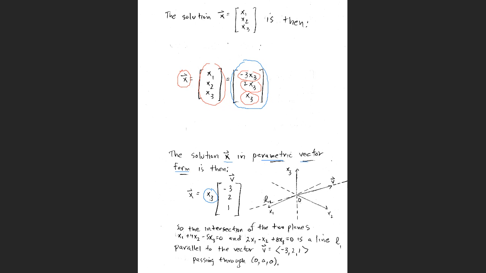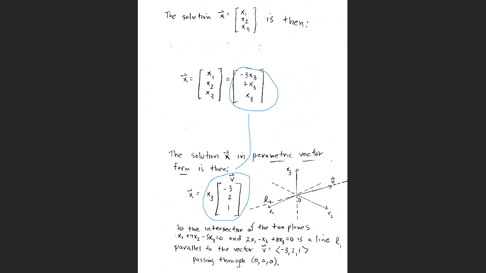Okay, so what we've done is we have written our solution in parametric vector form. The parameter is x3. And so I take my solution and rewrite it in this form, which is a scalar x3 times some vector v.